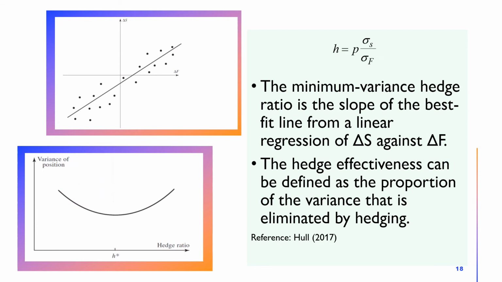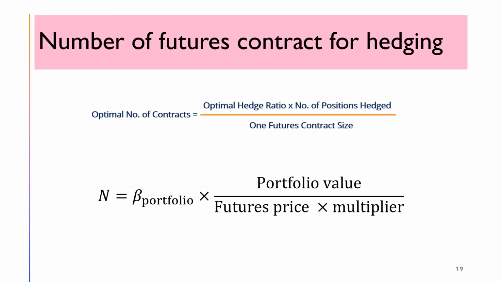I would strongly encourage you to read the textbook to understand further. The optimal number of futures contracts for hedging can be calculated using the following formula. For a fully diversified stock index futures, the hedge ratio is represented by beta or market risk.